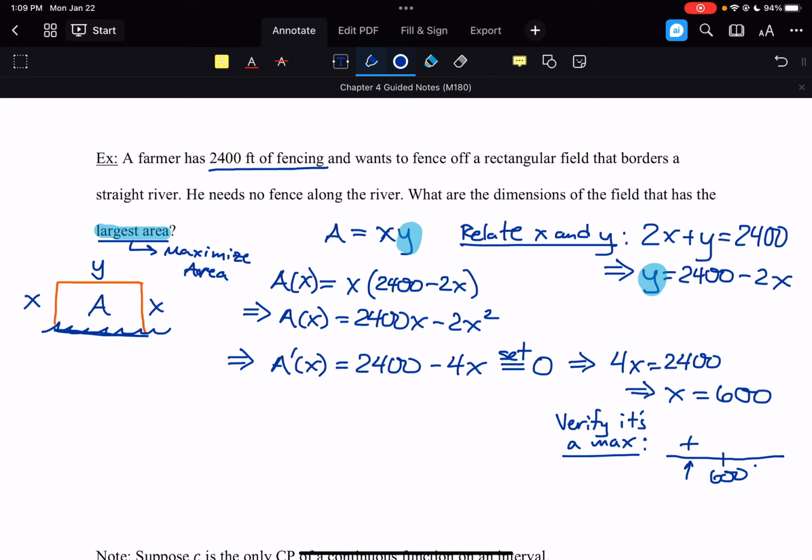Choose a number bigger than it, like 1000, and then you get 2400 minus 4000, so that would be a negative. So we see that the function is going from increasing to decreasing. So it is a maximum.